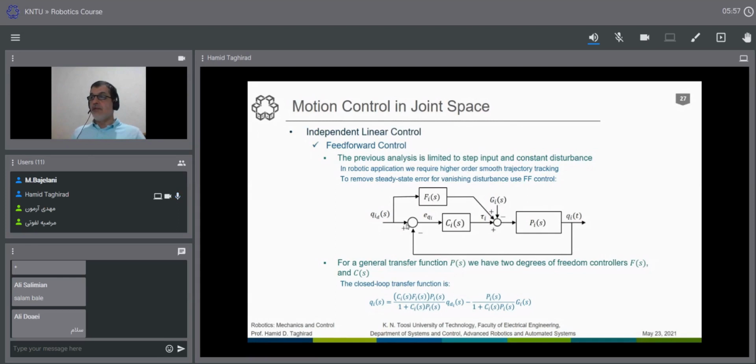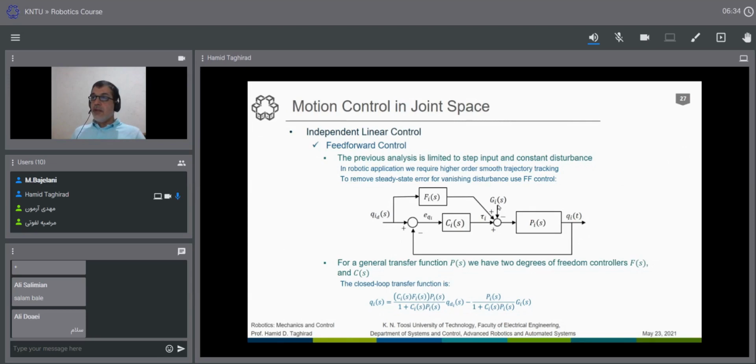One loop is from the measurement, as you see here; from the measurement we go back to the system, as in the structure we had before. But since we have some sort of disturbance in general, in our case due to gravity, we add a second controller, which we call a feed-forward controller, to compensate particularly for this disturbance.